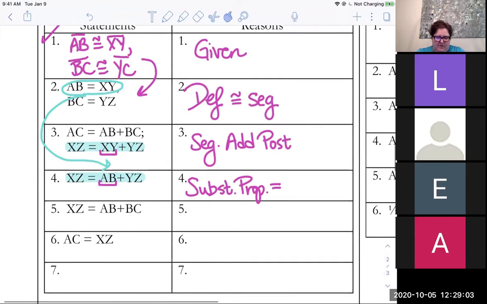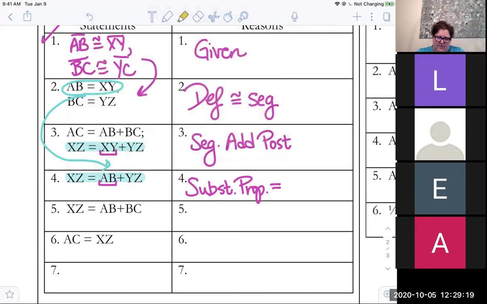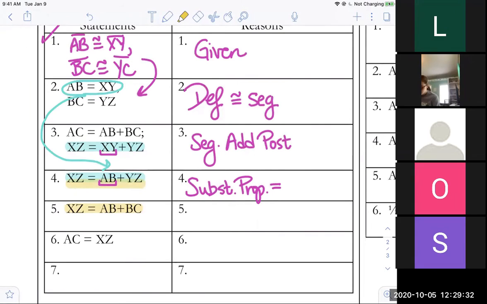Okay, so we've used part of step 3 and part of step 2, but notice we still have a few more things we can use up there. Okay, from 4 to 5. What is the difference with the equation 4 and the equation 5, and why would that change be allowed? Why are we allowed to turn step 4 into step 5? Because BC equals YZ.